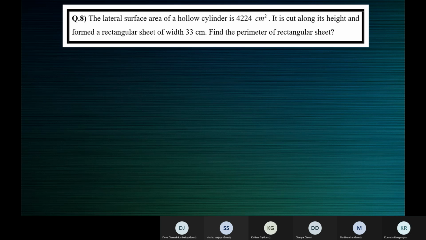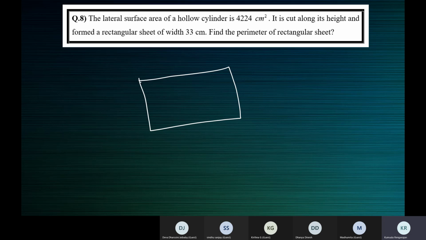If you pull out one sheet of paper from your notebook and bring the opposite edges together, you can make a cylinder, right? If you roll it and bring the opposite edges together, don't you get a cylinder?